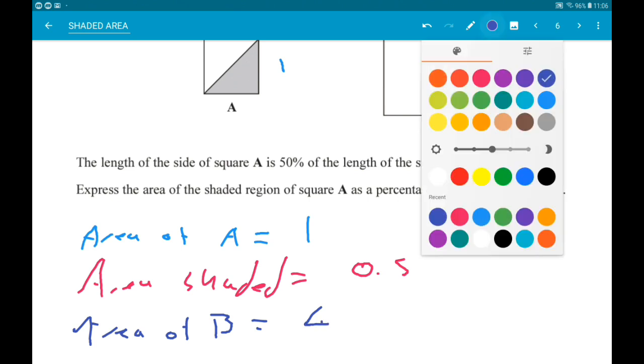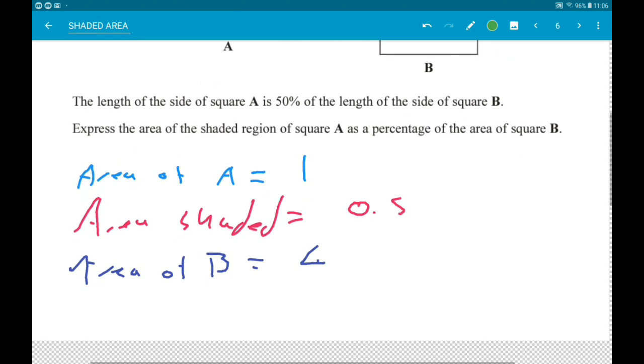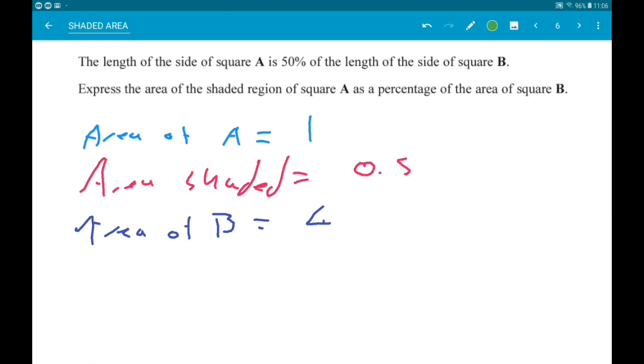So the first thing I would now do, we want the shaded region as a percentage of B. So I would first of all turn this into a fraction, so it's going to be 0.5 over 4. Now we'd want to turn the top into a whole number, so if we multiply top and bottom of this by 2, we get 1 over 8.